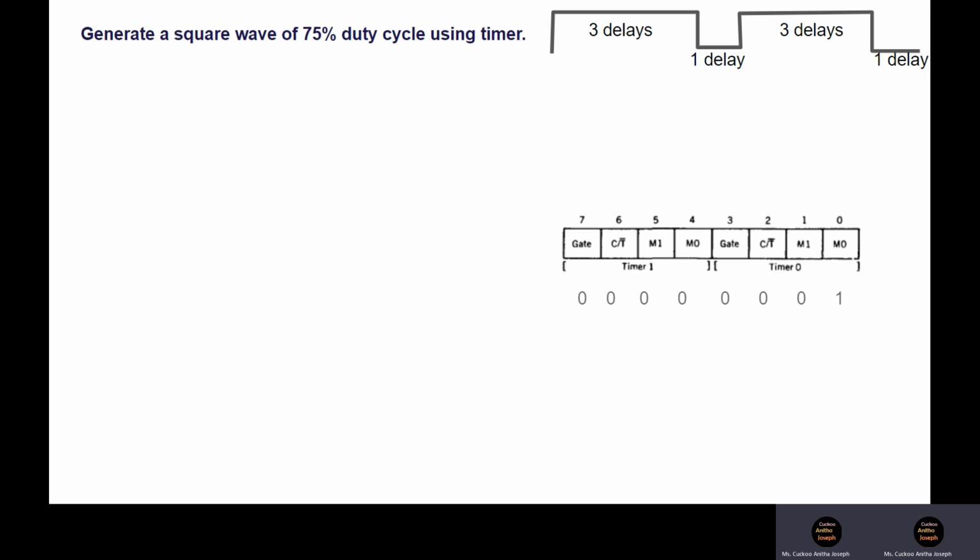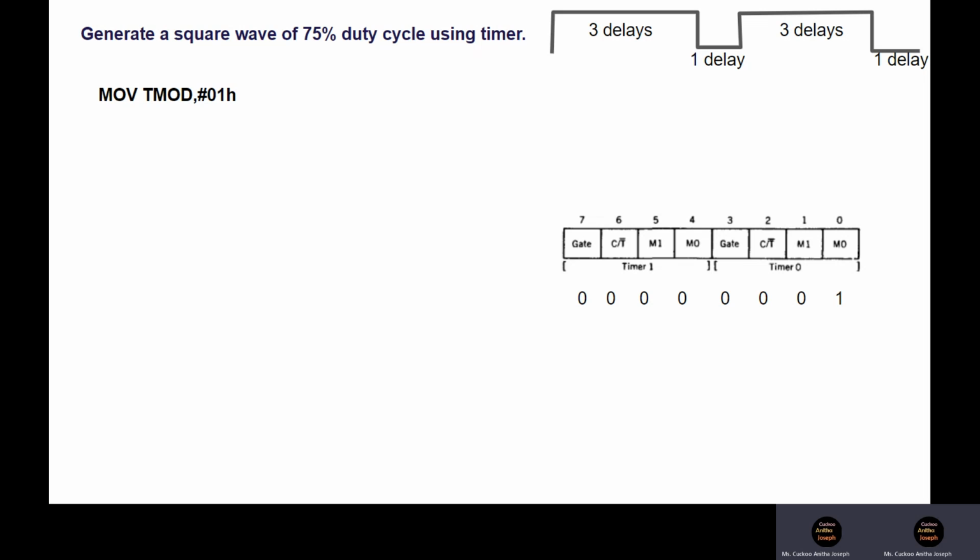So the value to be loaded will be 7 zeros followed by 1. That is the binary pattern that should be loaded into TMOD register. The hexadecimal equivalent of this value will be 01H. So the first instruction is MOV TMOD, #01H.